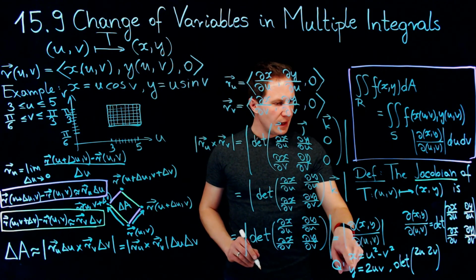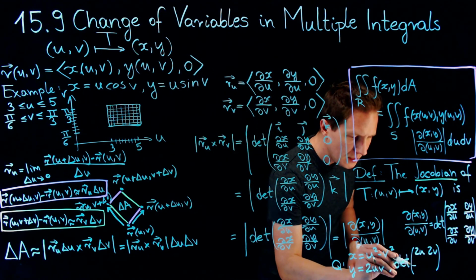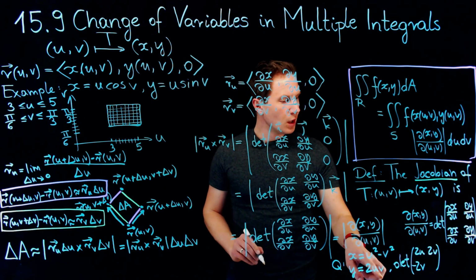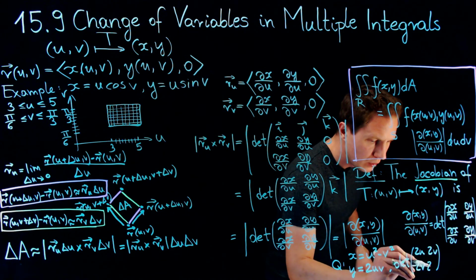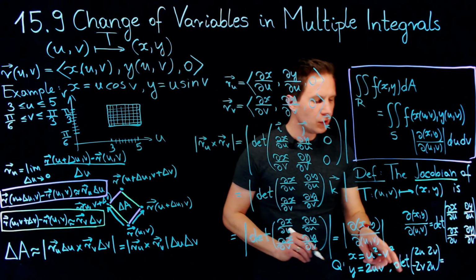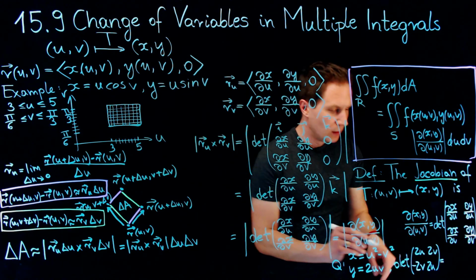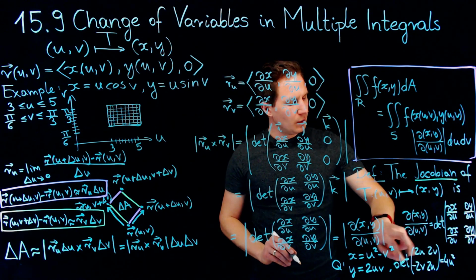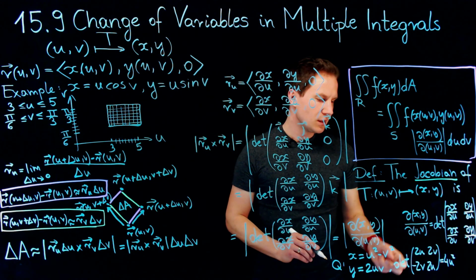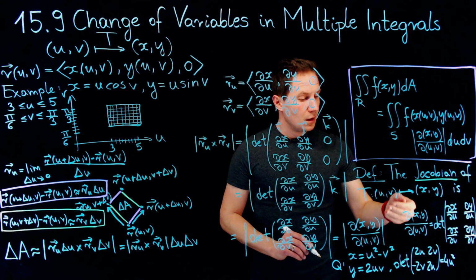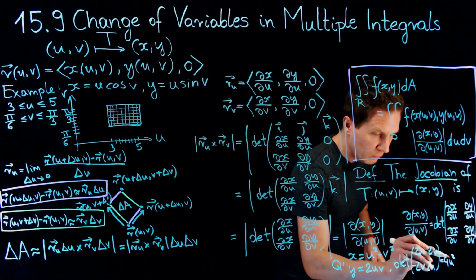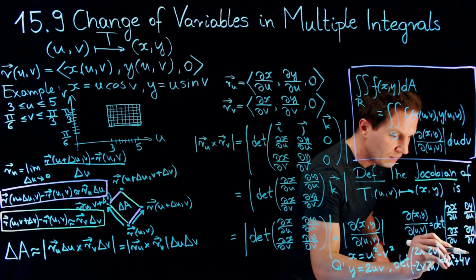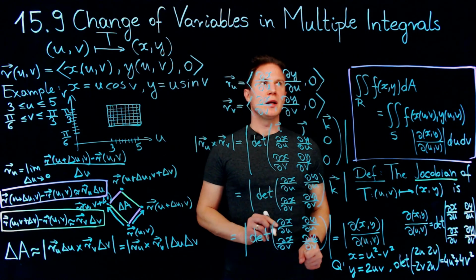If we differentiate x with respect to v, we get minus 2v, and if we differentiate y with respect to v, we get 2u. Evaluating this determinant, we get 4u squared minus the product of the off-diagonal elements, which is minus 4v squared, so that's plus 4v squared, and that is the Jacobian of this transformation.